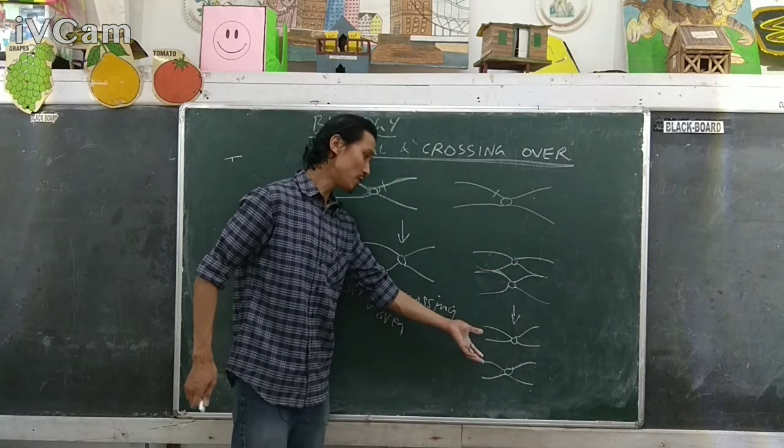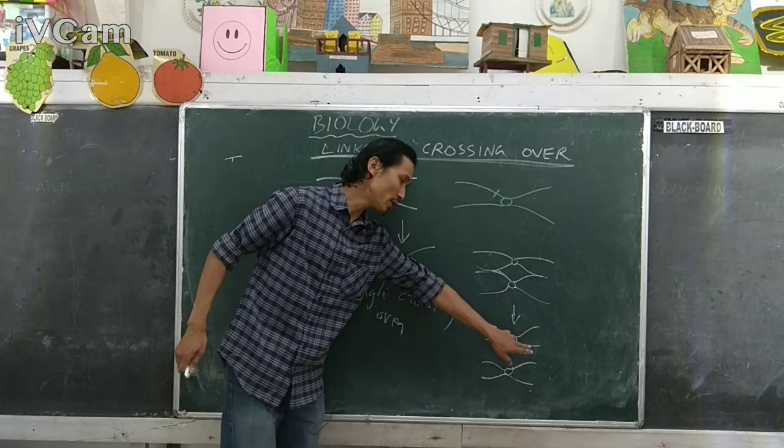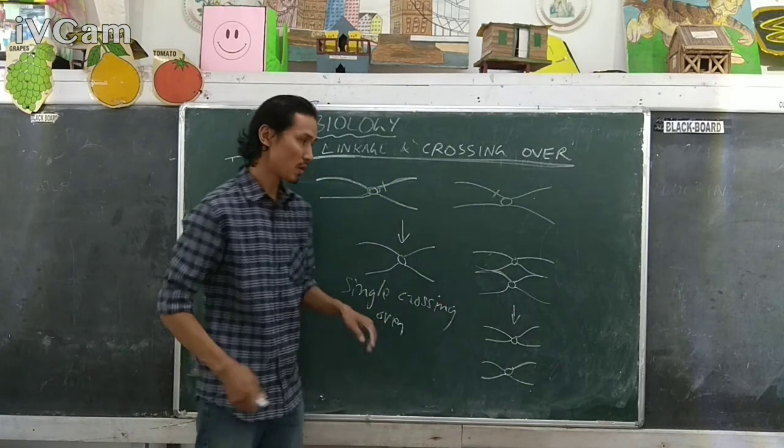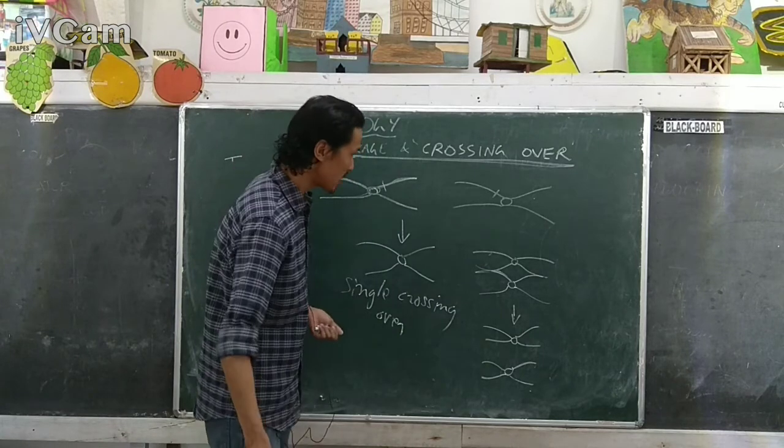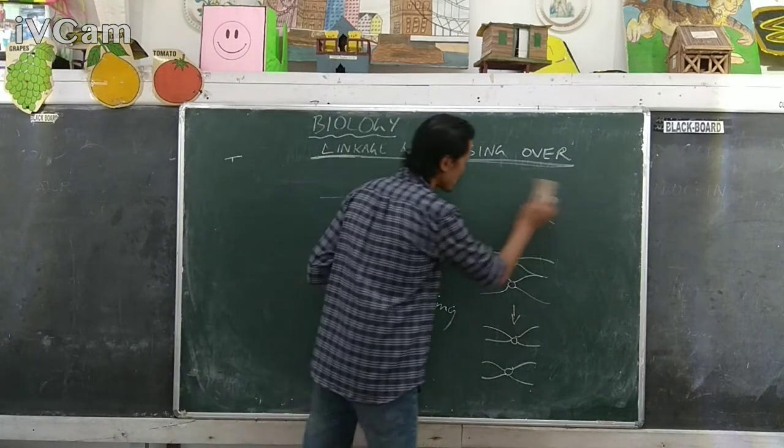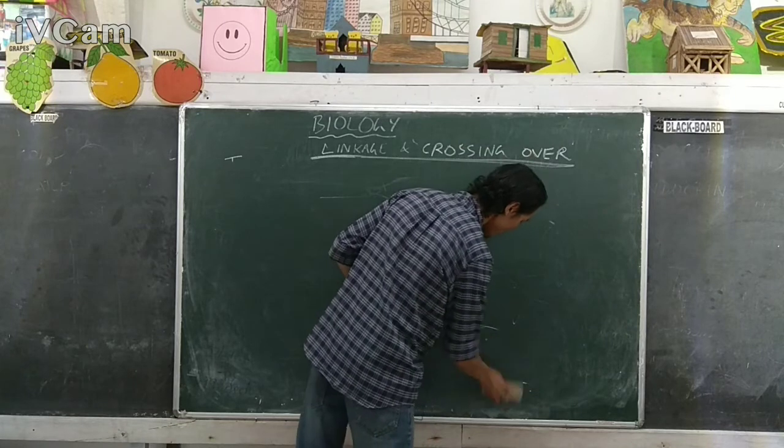This is an example of double crossing over because there are two exchanges of chromosome arms. So generally, because of crossing over, it is possible to get different combinations of genes.